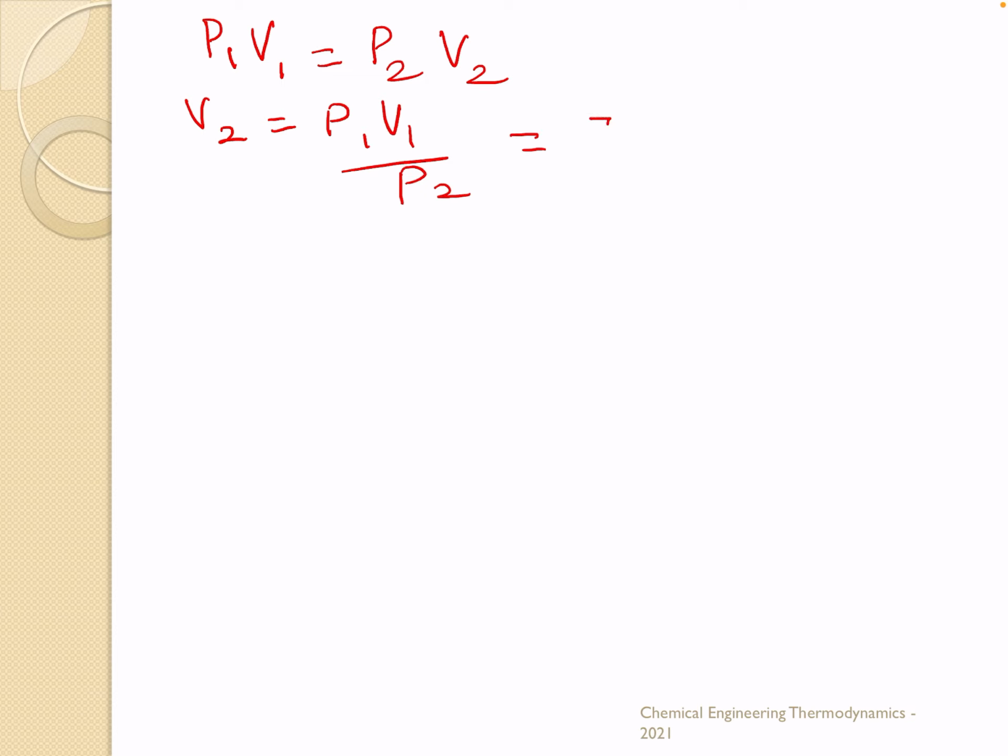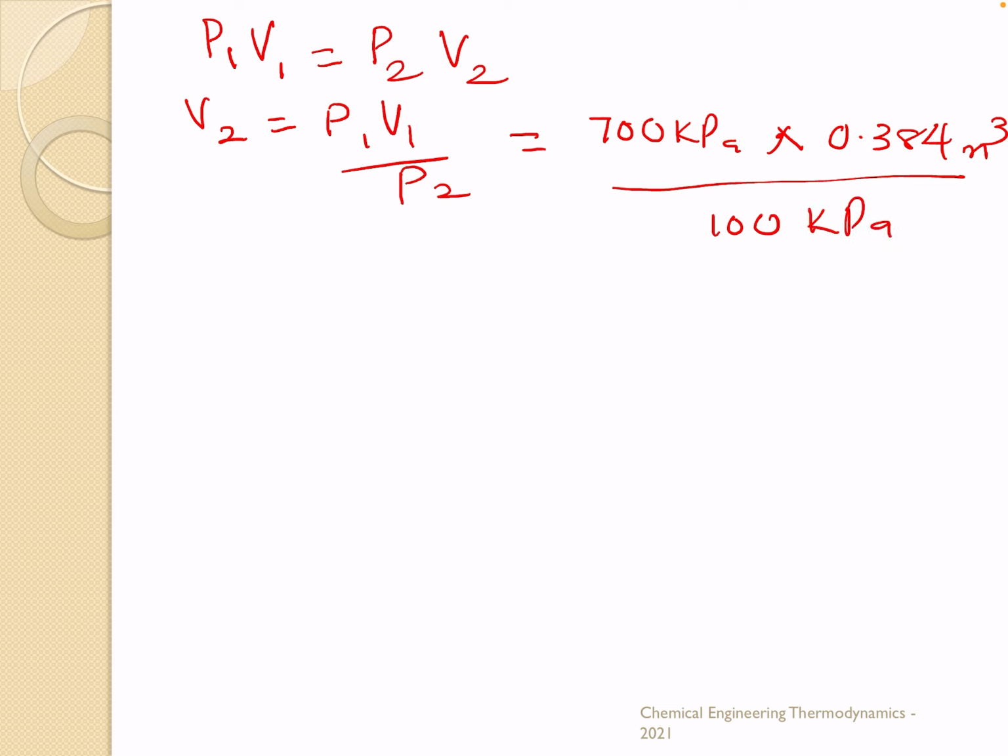and if you plug in all the values you've got, 700 kilopascal multiplied by 0.384 meter cube divided by 100 kilopascal. That cuts that out.